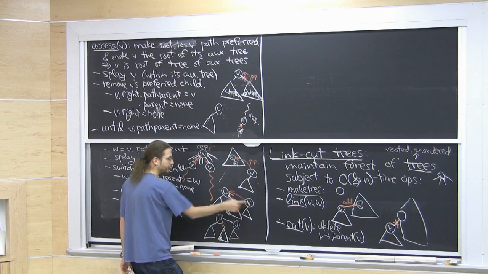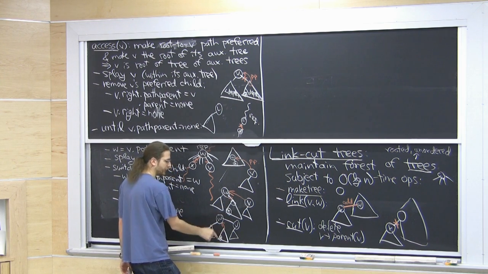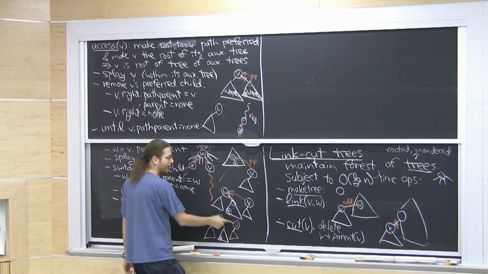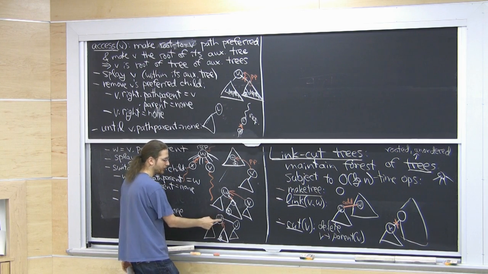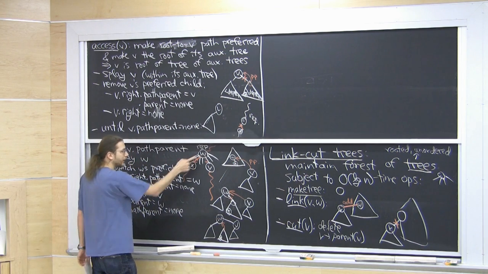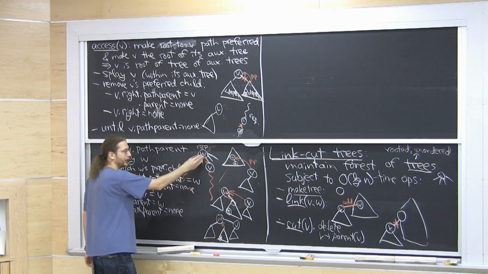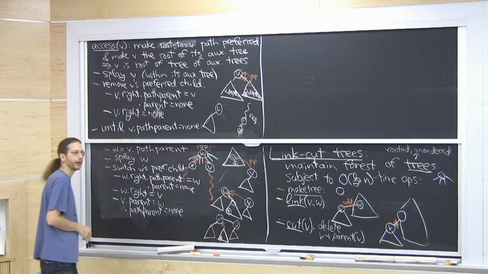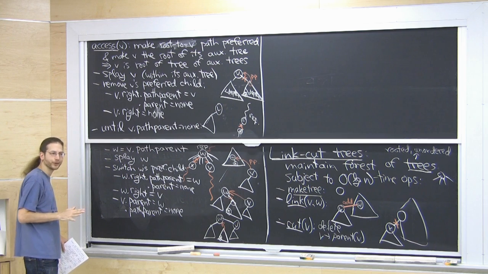So whereas before v was linked in with a path parent pointer, now this thing is linked in with a path parent pointer. And the primary connection is direct from w to v. And that's exactly what corresponds to clipping off this portion of the preferred path and concatenating on this portion of the preferred path. More or less clear?